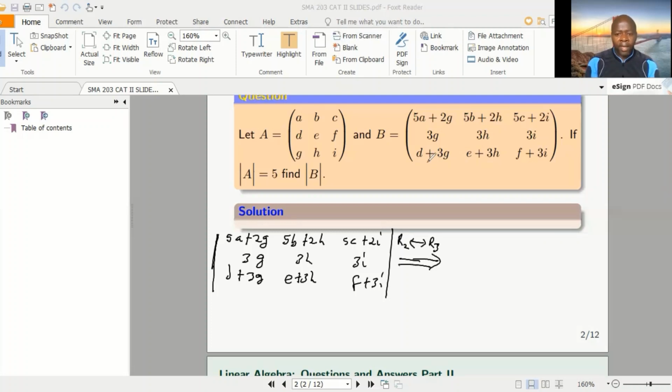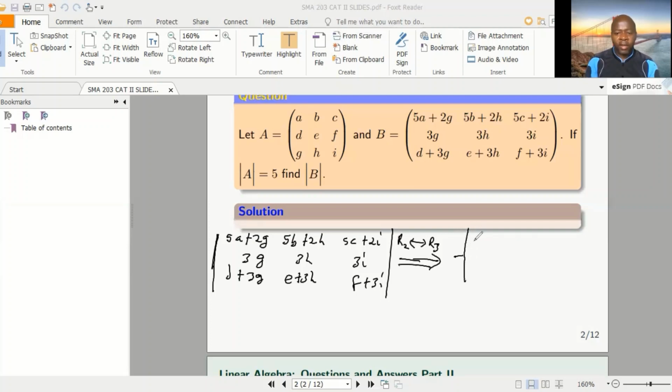So that means I have to interchange row 3 and row 2. What we know is that if you interchange the rows, the new determinant becomes the old determinant times negative 1. So the sign of the determinant changes. So let me put that negative there because we are interchanging the rows.